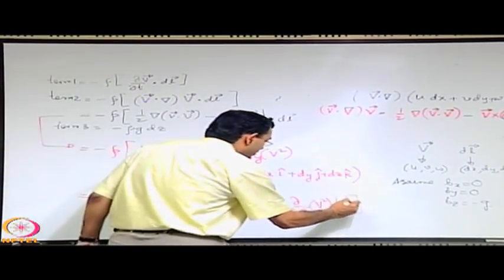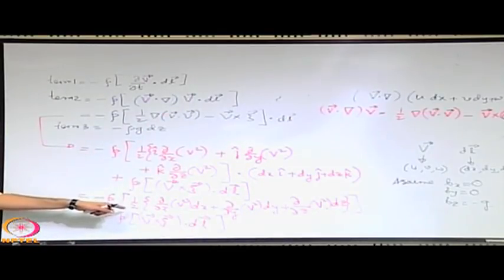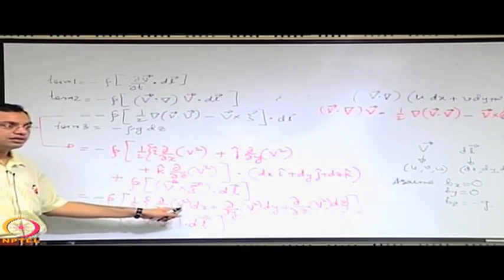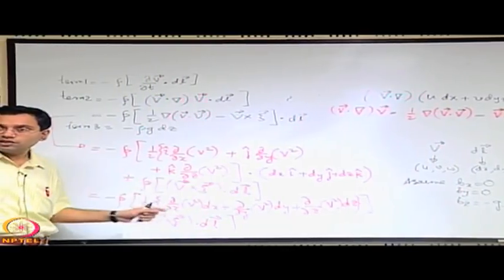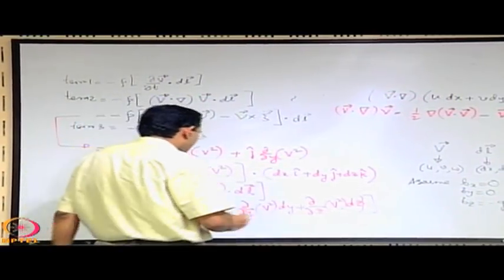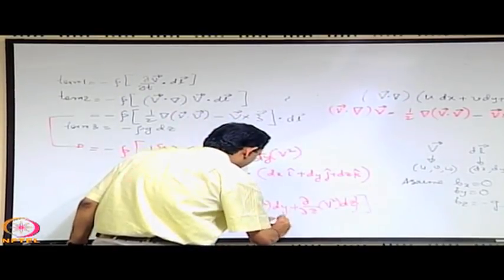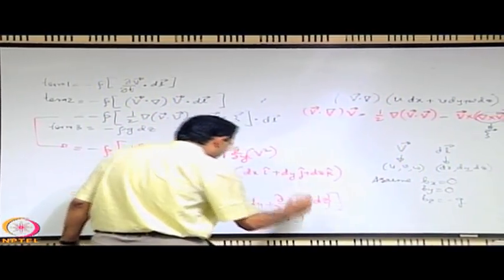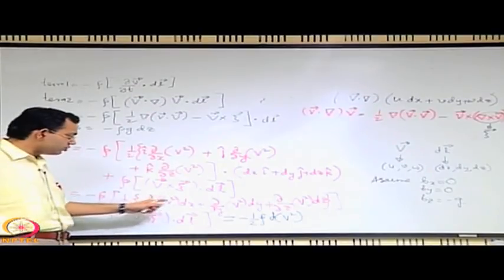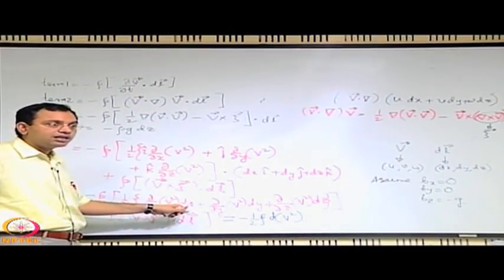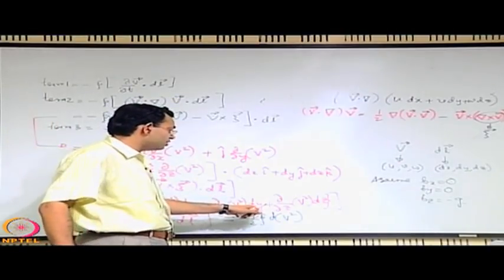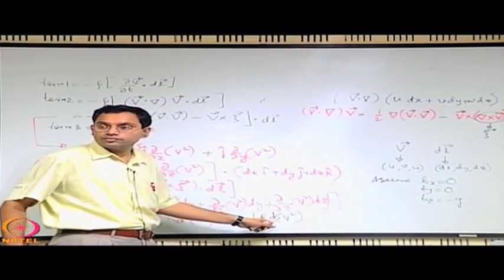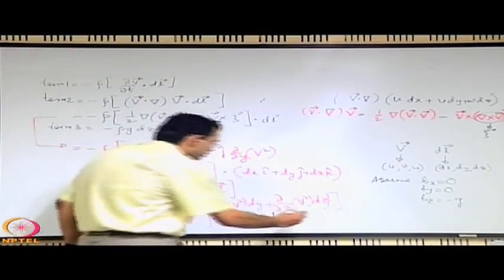You can clearly see that the first term of the term 2 will become d dx of V square; the sum of the 3 partial derivatives will give the total one. So, this will become at the end the simplified form minus half rho d of V square. This is not d dx, just the total d. This is partial derivative with respect to x into dx, this is partial derivative with respect to y into dy, and that with respect to z into dz. So, that is giving the total d, plus whatever term that is remaining.